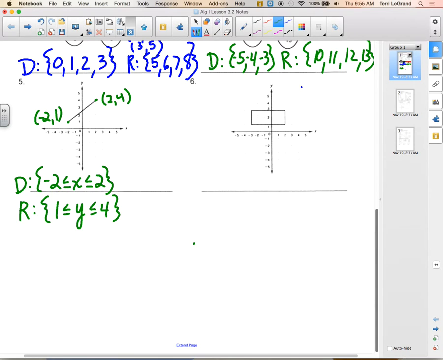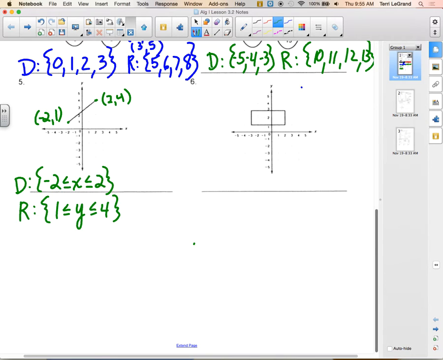Okay, that's it. The smallest y value is 1, the largest y value is 4. This is the range, so we have a y instead of an x in our compound inequality, and we do need to include those endpoints, those y values.